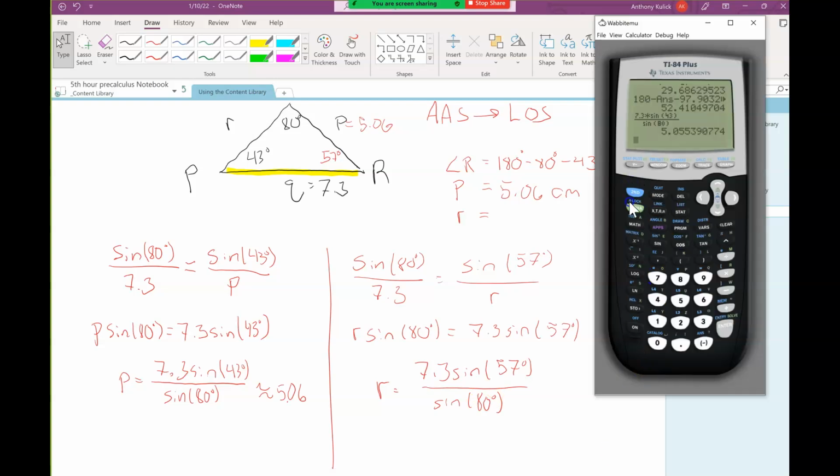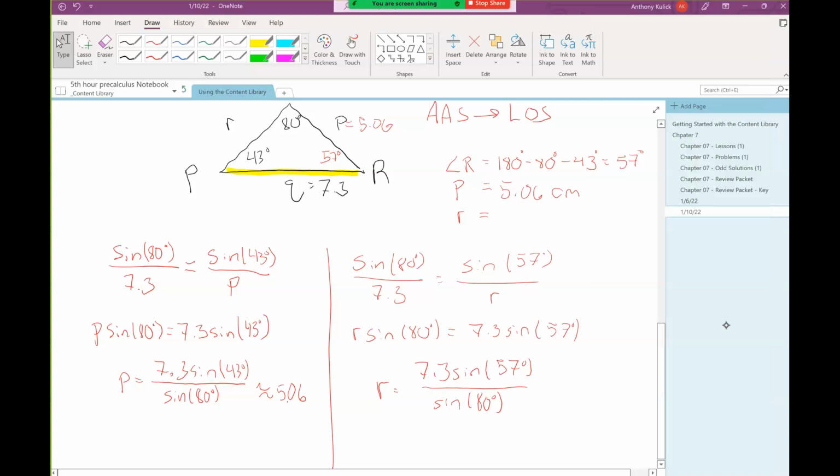And then it's calculator time again. So I get 6.22.